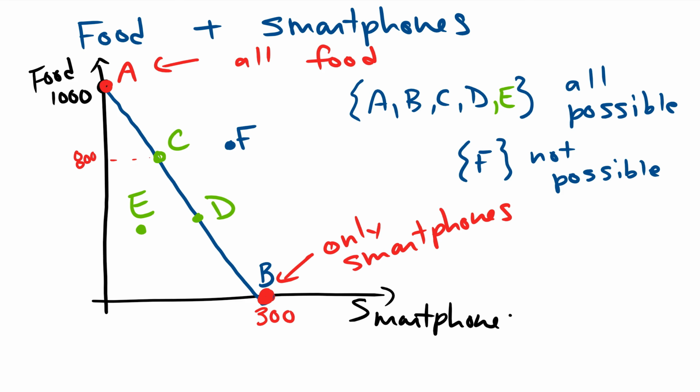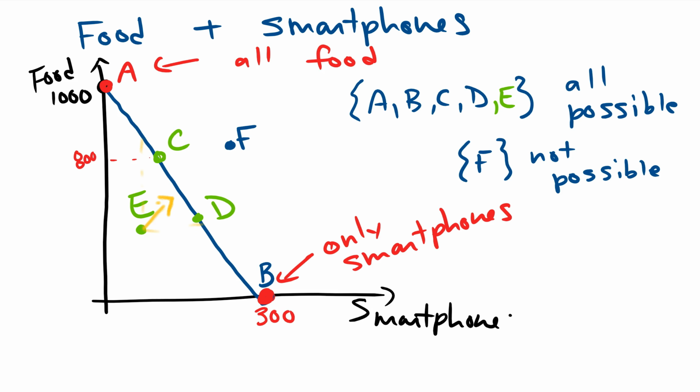Well, we could do more smartphones, but if we do, we have to give up some food. Same thing with C, D, and B. We could do more of one or the other, but we have to give something up. Could we do better than E? The answer is yes. If we're going in this direction, we could get more of both things, more food and more smartphones, without giving anything up.